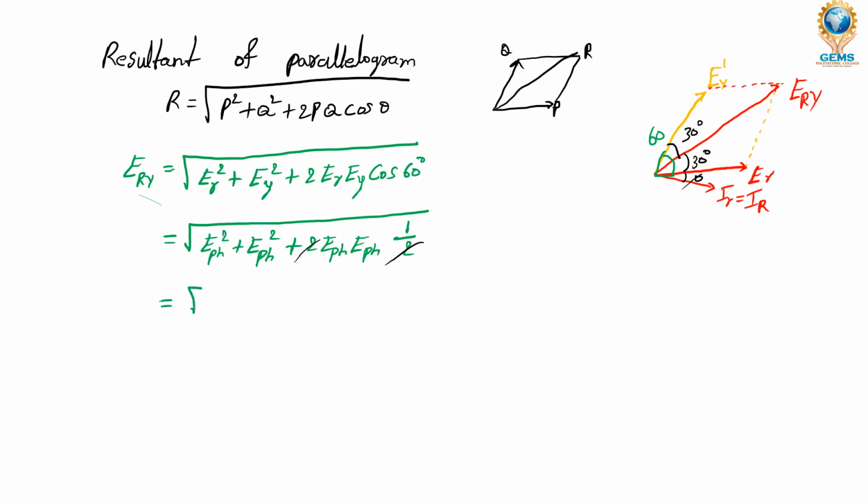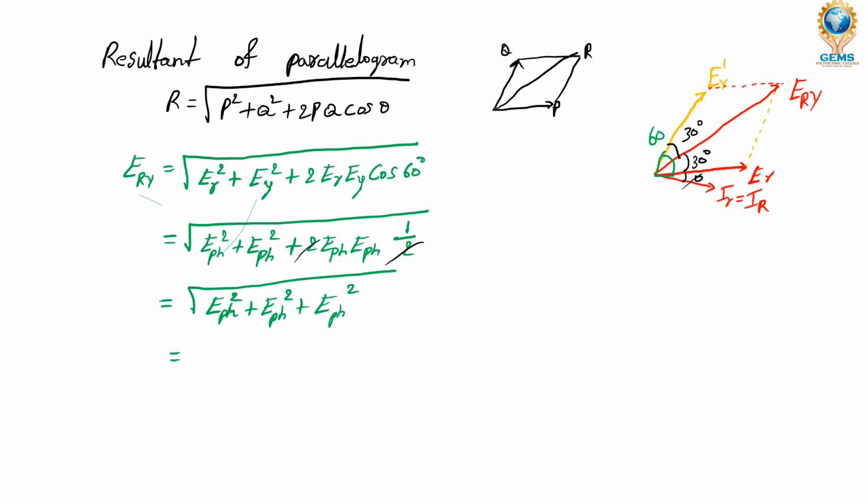Now square root of E phase square plus E phase square plus E phase square.